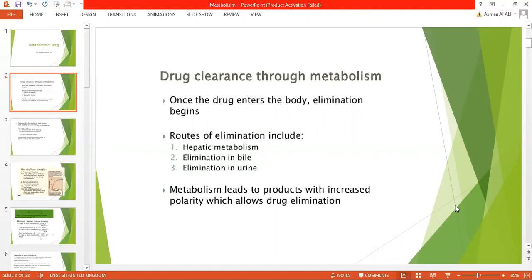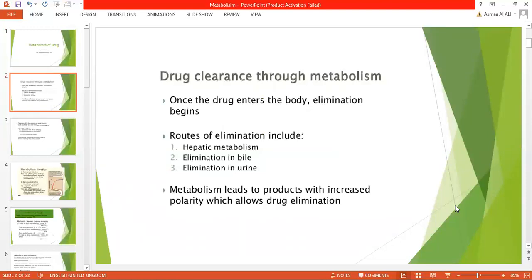So metabolism leads to products with increased polarity, which allows drug elimination through these different routes: hepatic metabolism, or elimination in bile, or elimination in urine.